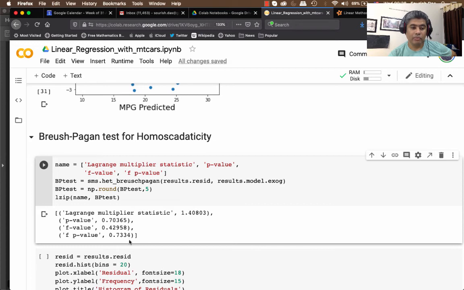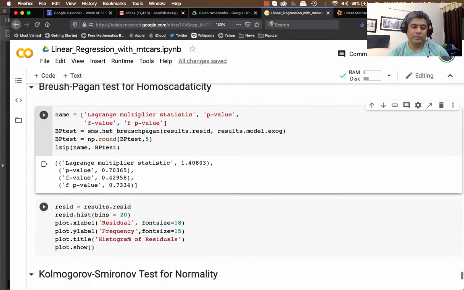So we cannot reject the null hypothesis of homoscedasticity. So homoscedasticity is a reasonable assumption; the data does not refute that assumption.